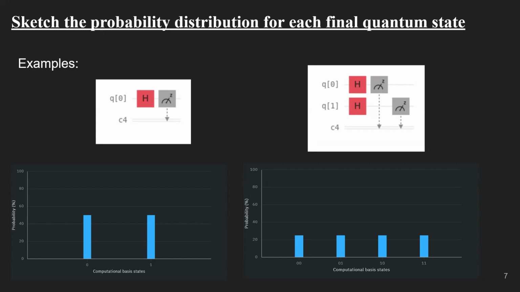That's an example of what your final answer might be. That's not the right answer for number one, but that's an intermediate answer. That's an example of a quantum state you could have, and you could sketch out a little graph like this where you have probability of each state.